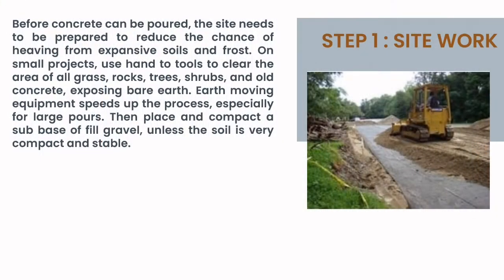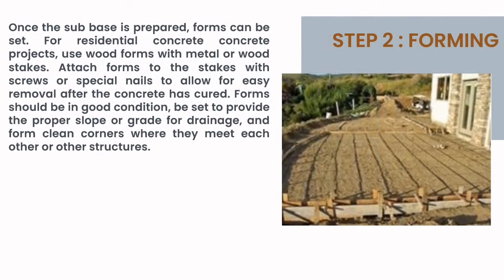Step 1. Site work. Before concrete can be poured, the site needs to be prepared to reduce the chance of problems from expansive soils and frost. Step 2. Forming. Once the sub-base is prepared, forms can be set for the residential concrete project.